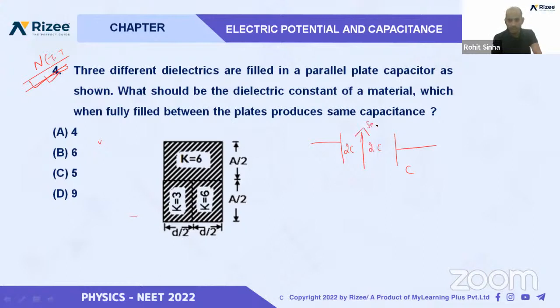And the second shortcut: if we cut the capacitor like this in equal halves, then it becomes C by 2 in parallel, such that its equivalent will be C. That was the concept we studied, and that is a shortcut also.